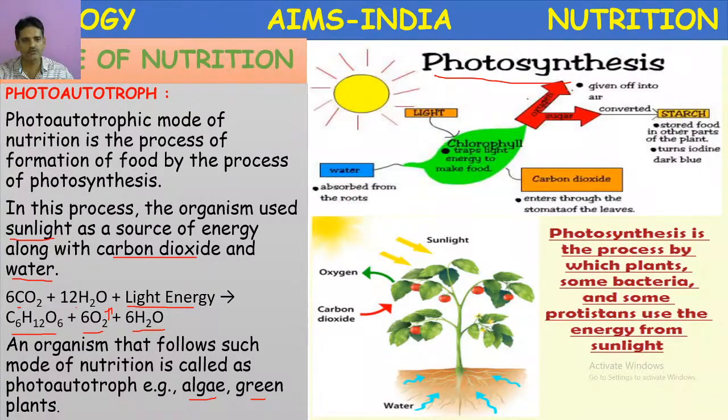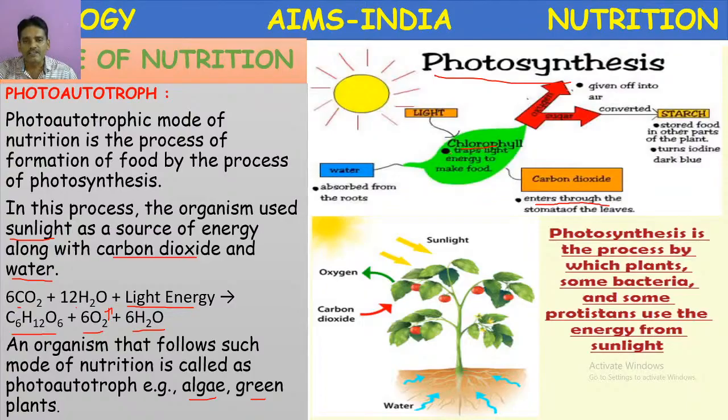The sunlight directly falls on the leaves, where chlorophyll, the green pigment, traps the sunlight energy. Carbon dioxide enters the leaves through stomata, minute holes present on the under surface of the leaf.